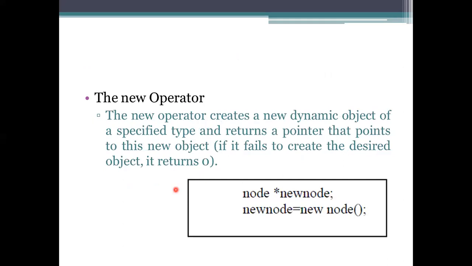The data object we have been using is dynamically created by this operator, and it returns the pointer which points to that newly created object.